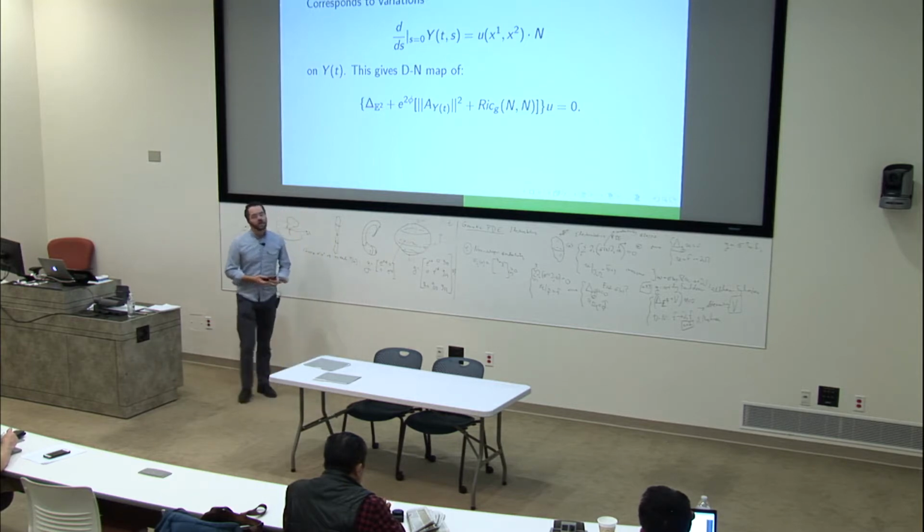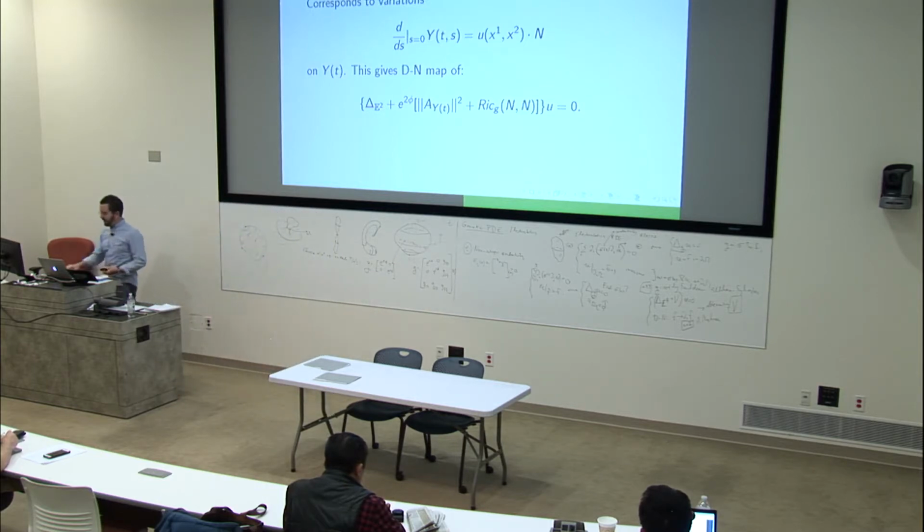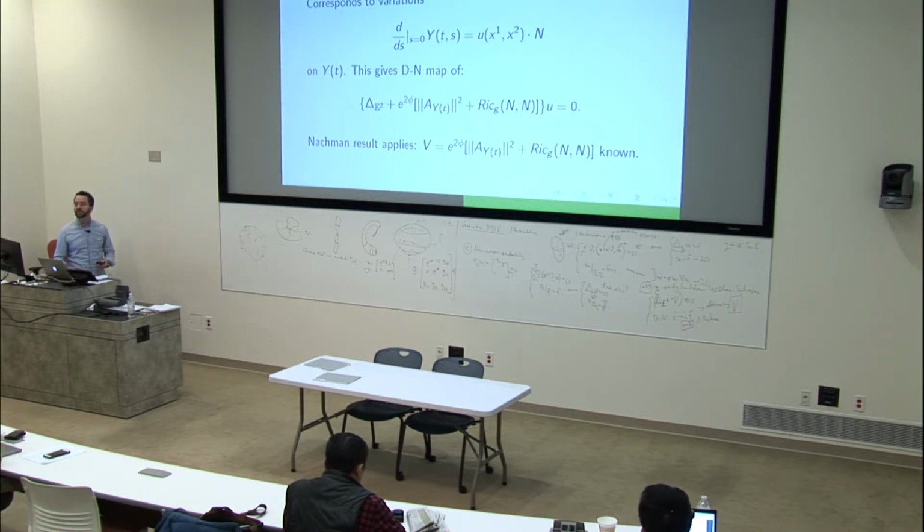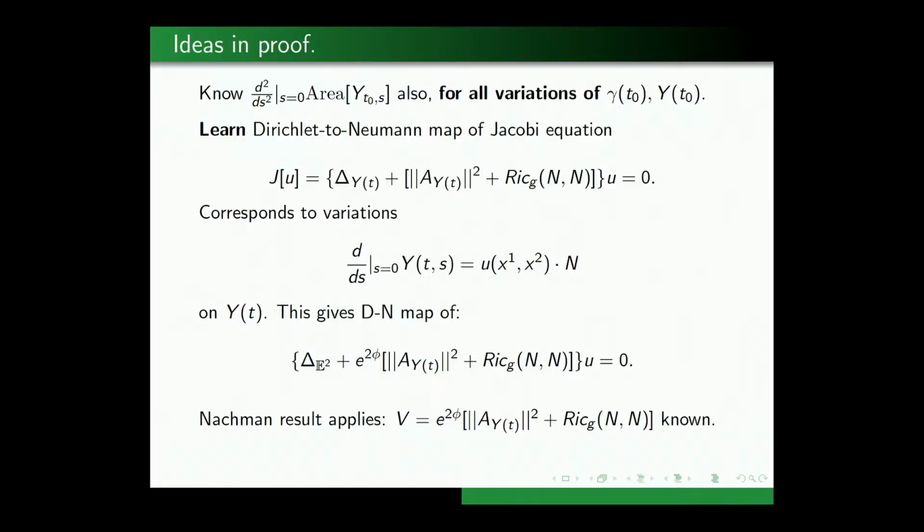So I can now apply Nachman's result, and I learn what this potential is. So for this Jacobi equation, I learned the potential. That in itself is completely useless. What is useful is that it teaches me, if I do a variation of the boundary curve, where the new minimal surface will be relative to the old one. In other words, I know solutions of this PDE.